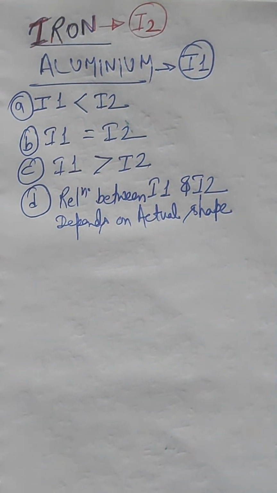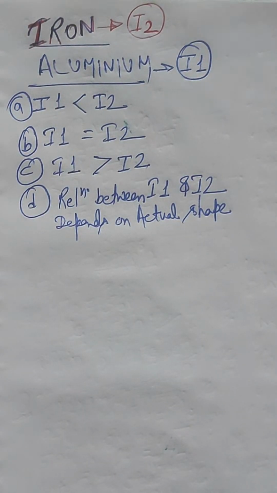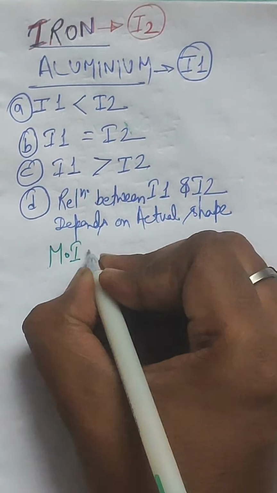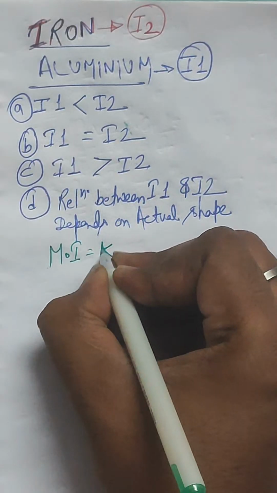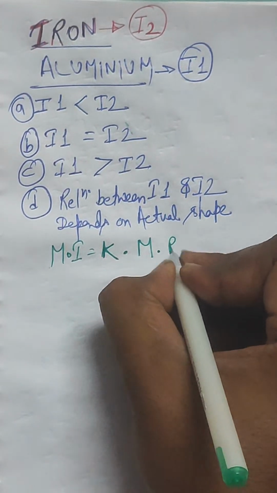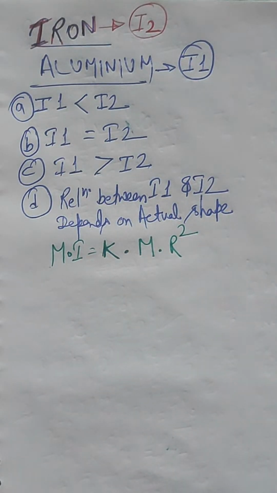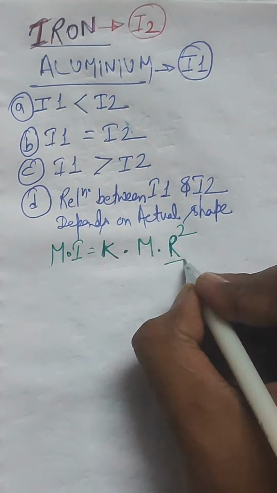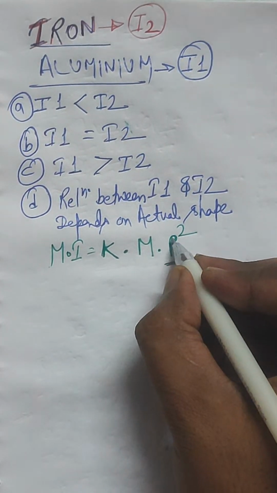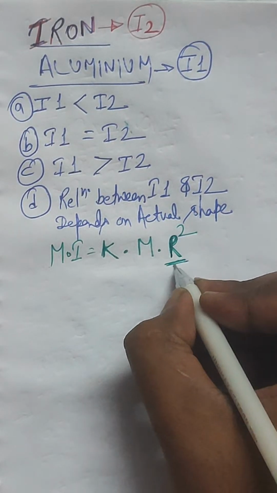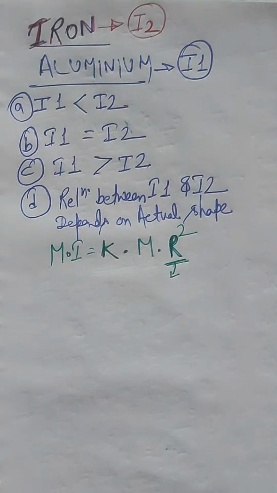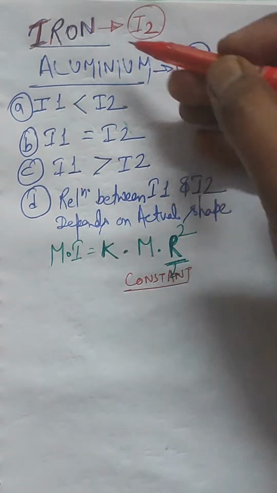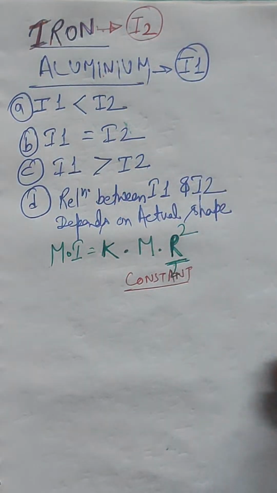Here you can see the moment of inertia of any body can be written as k times m r square. This formula is valid for anybody. Here r will be a constant, because the bodies made of iron and aluminium are of the same geometrical shape.